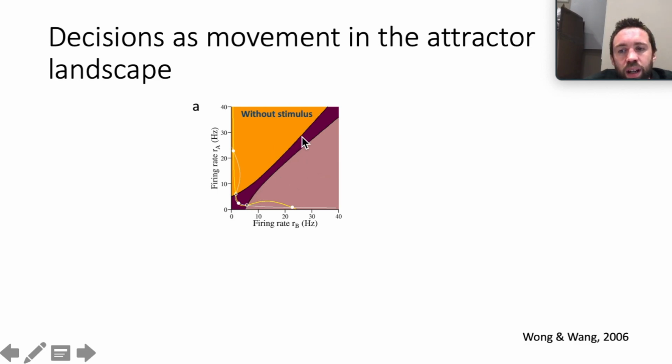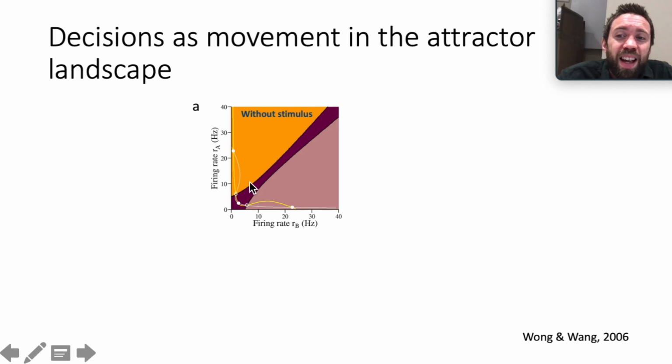Now, here we've colored in this graph, and on one axis we have the firing rates for population B that prefer direction B, and on the y-axis we have the firing rates for population A that prefers direction A. And we've colored in this graph with 3 different colors, and the color here, yellow, is called the basin of attraction for this stable steady state attractor up here.